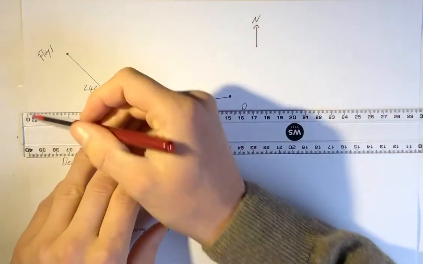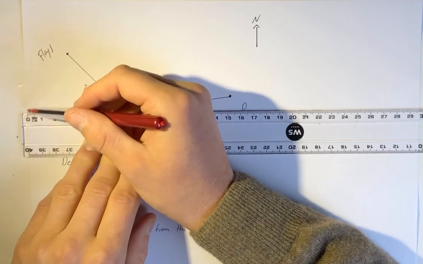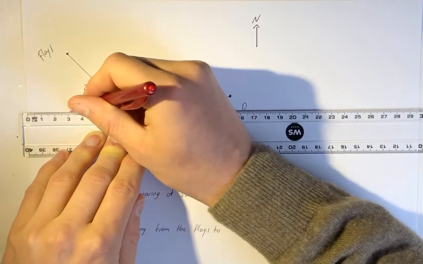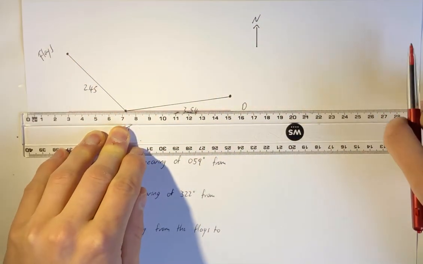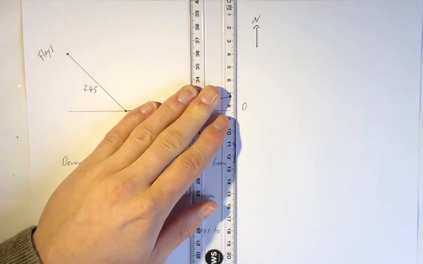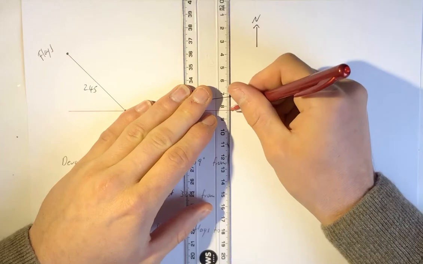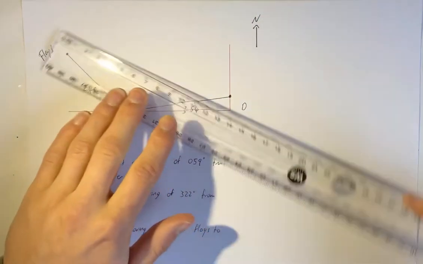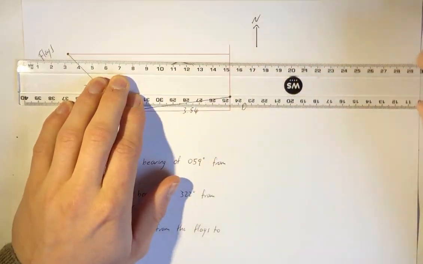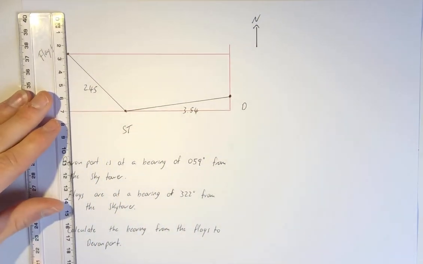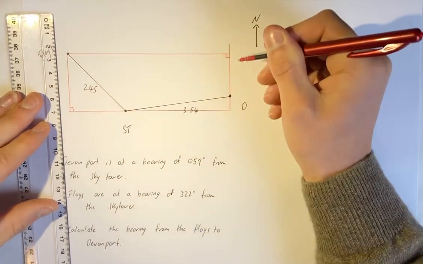So I get my ruler and make these measurements parallel with the edge of the page, and then I go straight across, straight up through that point, and straight down from this point. So I've constructed a big rectangle.